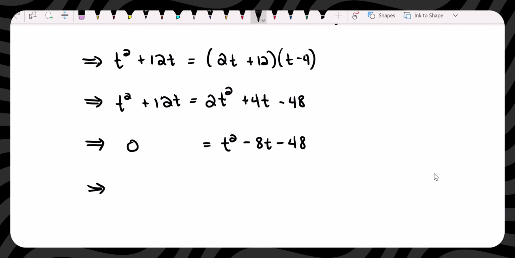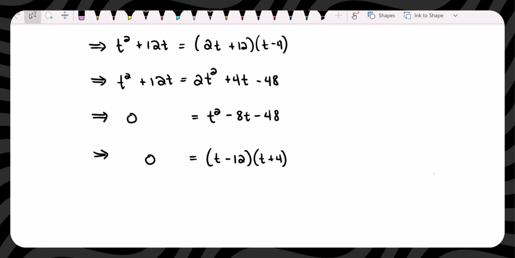Factoring that, because it actually does factor, two numbers that multiply to 48, that's 12 and 4. So minus 12 plus 4. Let me just double check my mathematics. Yep. So our solutions are possibly t equals 12 and t equals negative 4.